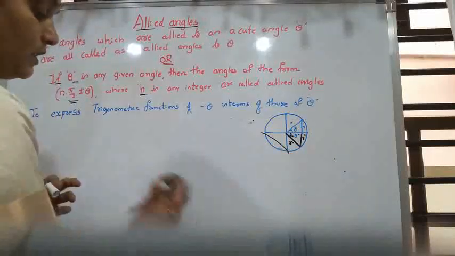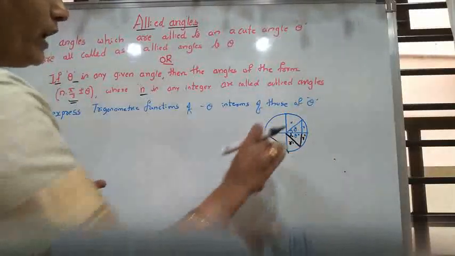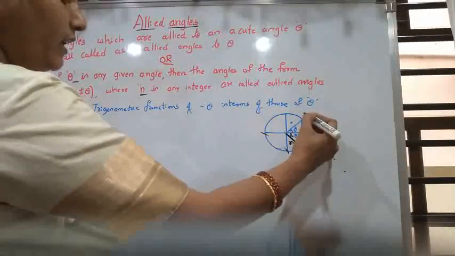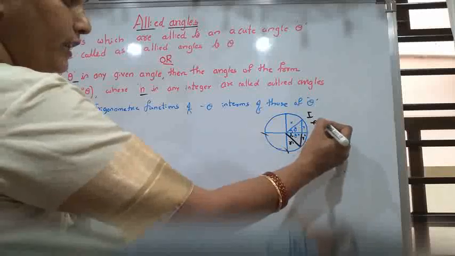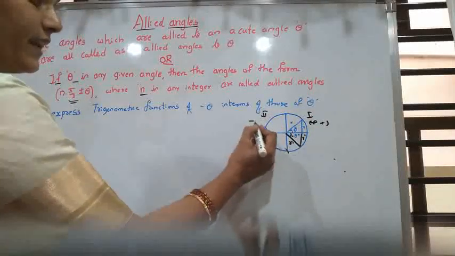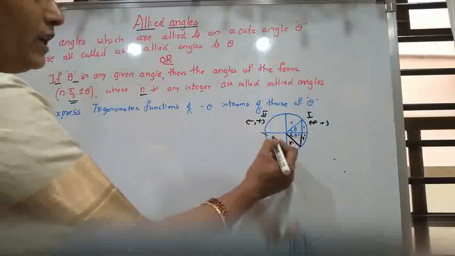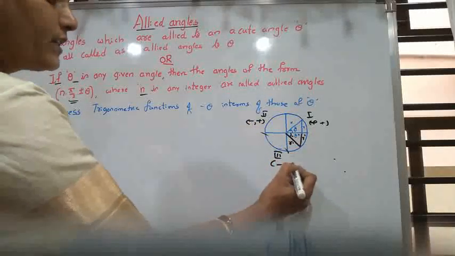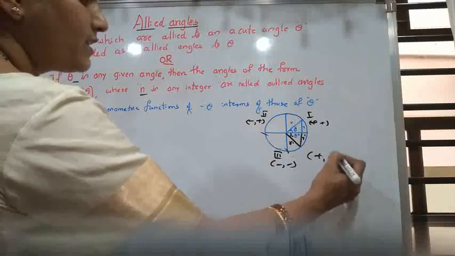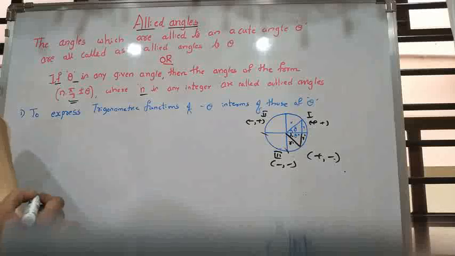Since in a quadrant system we have 4 quadrants. In the first quadrant, both x-axis and y-axis are positive. In the second quadrant, x-axis is negative, but y-axis is positive. In the third quadrant, both x-axis and y-axis are negative. And in the fourth quadrant, x-axis is positive, but y-axis is negative.